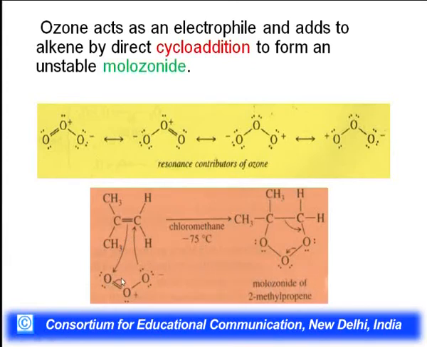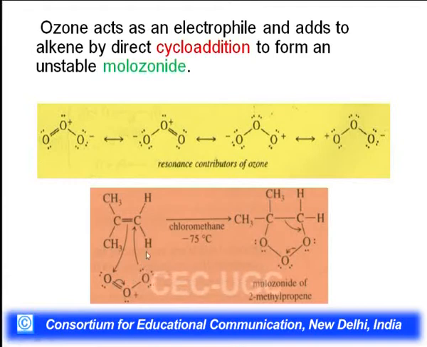Now the question arises, which oxygen will be the electrophilic site in the ozone molecule. This one cannot be, because it has a negative charge on it, so this would be the nucleophilic site. Among these two oxygens, this oxygen again will be difficult to be an electrophilic site, because it is already forming 3 bonds. So the best oxygen which can form a bond with this double bond is the oxygen on this side.